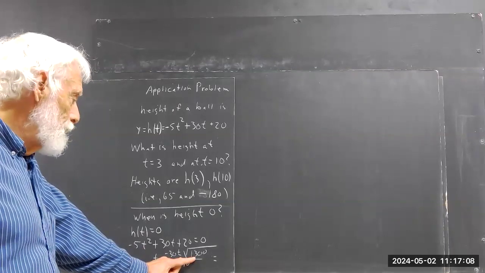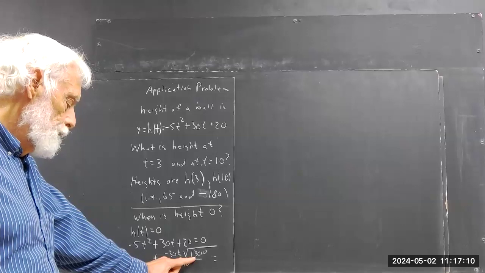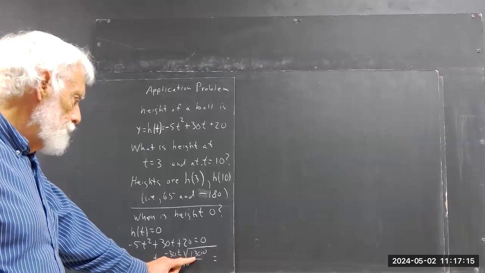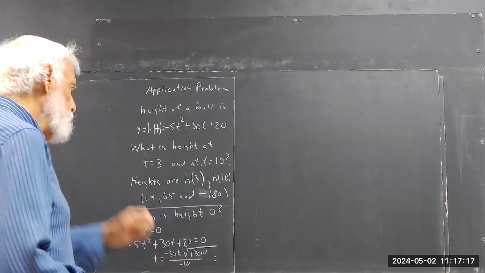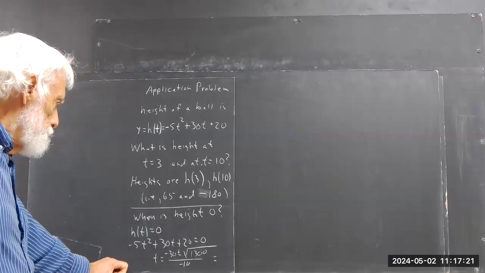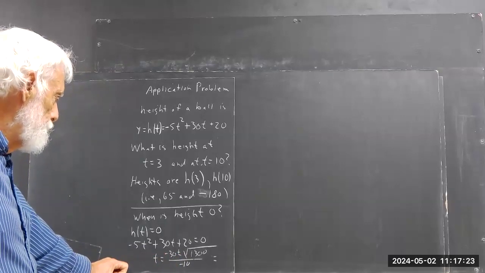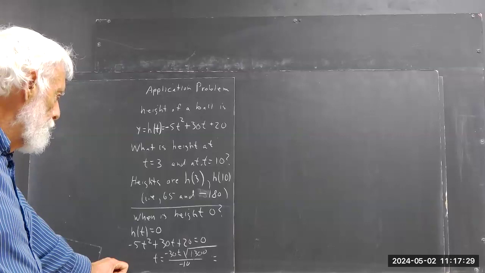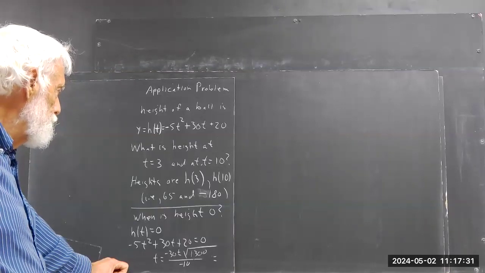And actually it turns out that 35 squared is 1250, I think. So that's going to be pretty close to 35.